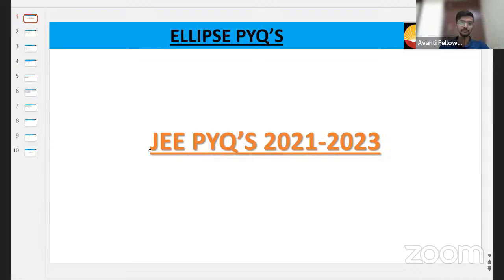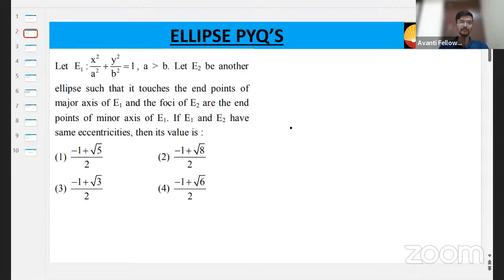Obviously, first question is this. Yeah. So let us try to draw the diagram. Okay, there are two ellipses, E1 and E2. E2 touches the end points of... what it is trying to say. Let us try to draw the diagram here.